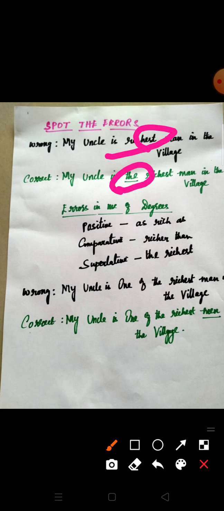Now how to correct the sentence? My uncle is one of the richest. See here, it is given man, that is the error. So if one of the comes, we have to change it as richest men.